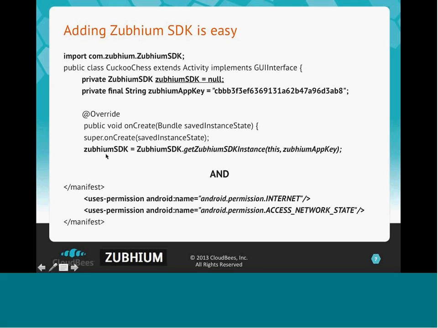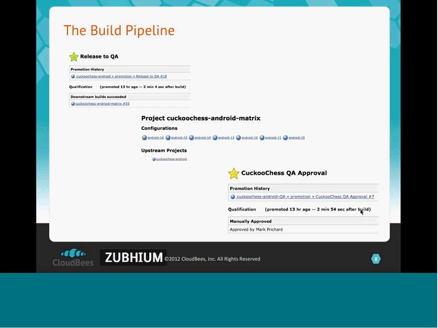Then I just have to initialize the Zubium SDK here with that app key. That's it. At that point, I'm done. I do have to make sure that we have the appropriate permissions in the Android manifest.xml. This one is required. This one is useful for much deeper levels of diagnostics. And again, KD can explain all the things that will happen there in just a minute.